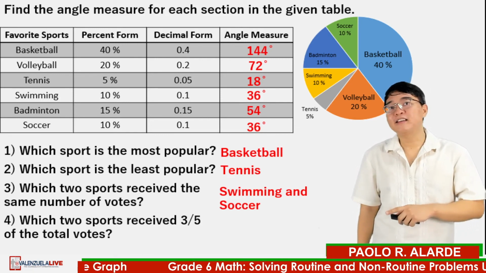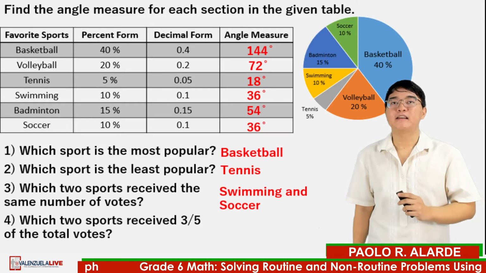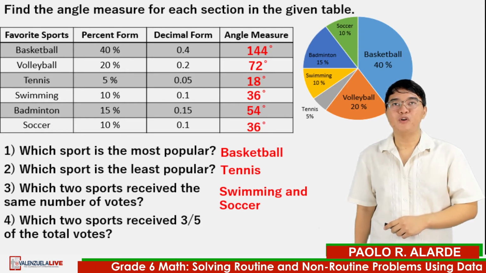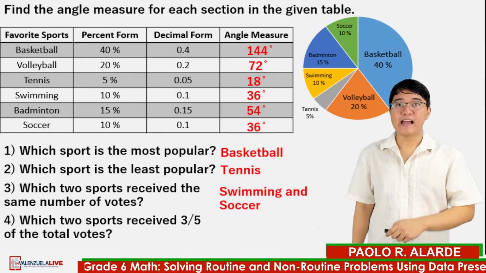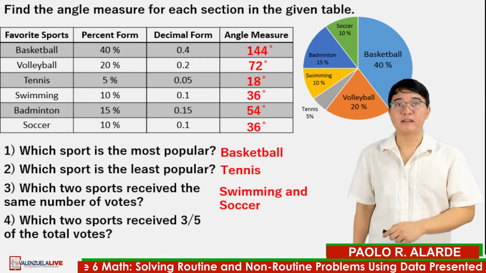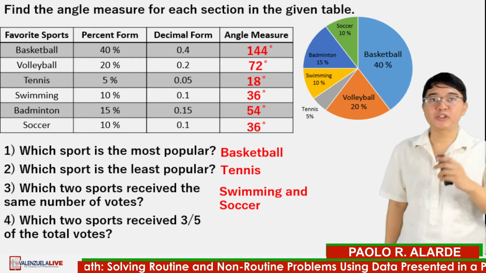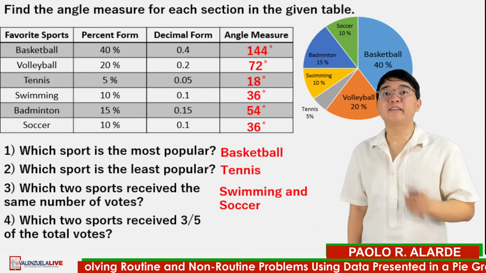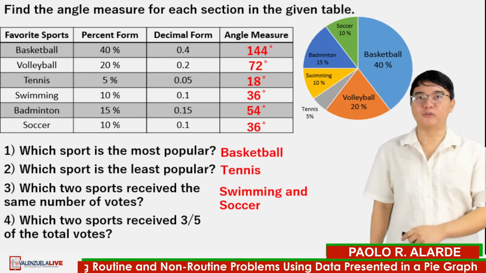Now, 6/10 is what in percent form? That is 60%. So the question is, which two sports receive 60% of the total votes?